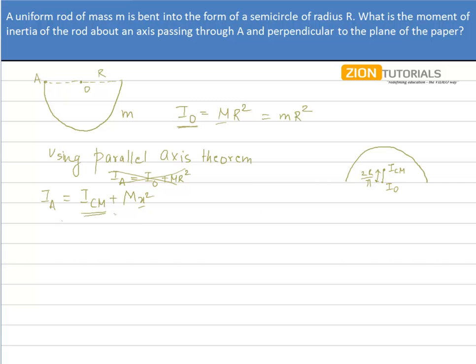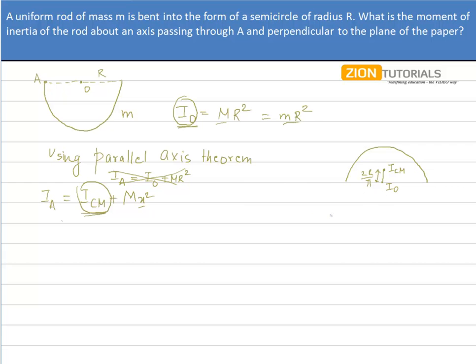So I know I naught, but I do not know ICM. First of all, for calculating IA, I have to calculate ICM. How do I calculate ICM? I only know that I naught is small m r square, and I know this distance.